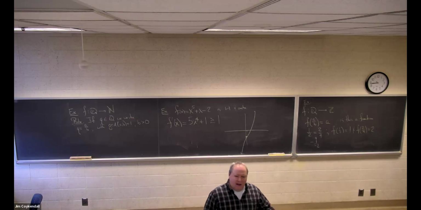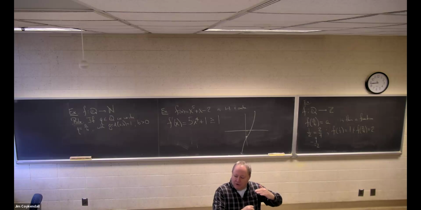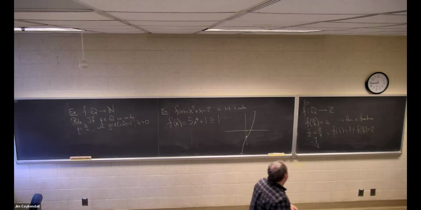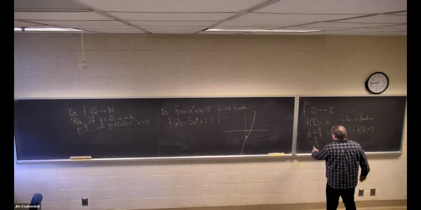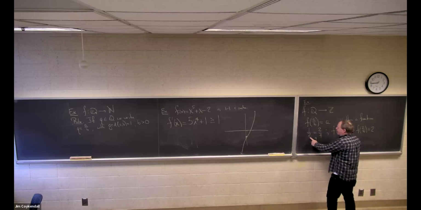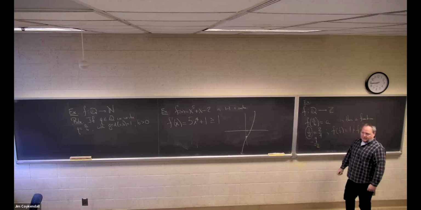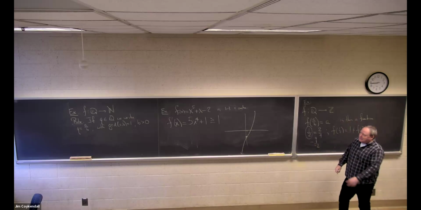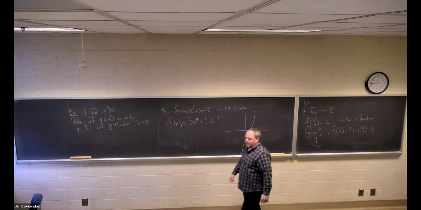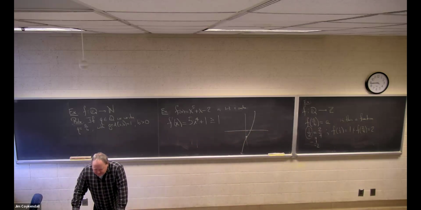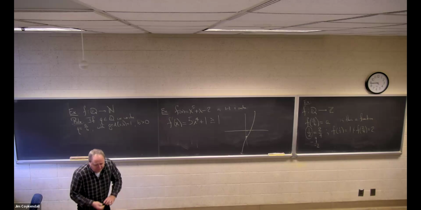If I demand that the fraction is reduced and the denominator is positive, I know the denominator can't be 0, but also if I demand the denominator is positive, I have to pick this one. I can't do this. The numerator could be negative, but that will take care of the negative fraction. I am going to find one of the weirdest functions you've ever seen.